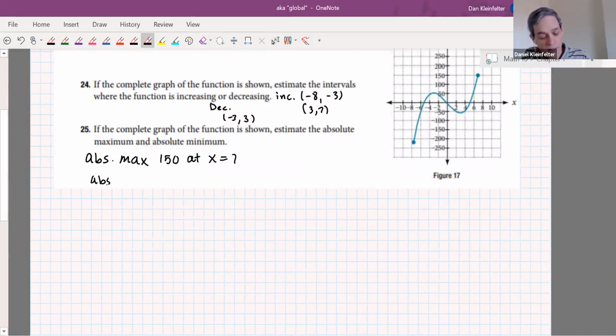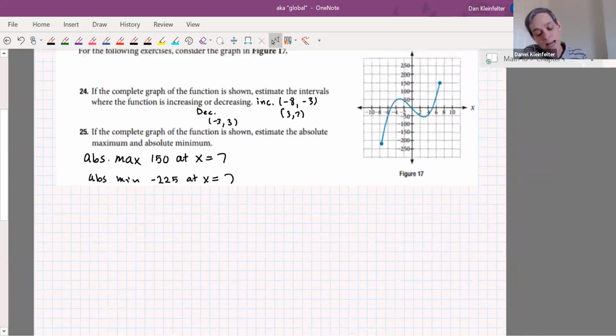The absolute minimum looks like it will be about -225 at x equal -7. Okay, because those are the highest and lowest points on the whole graph.